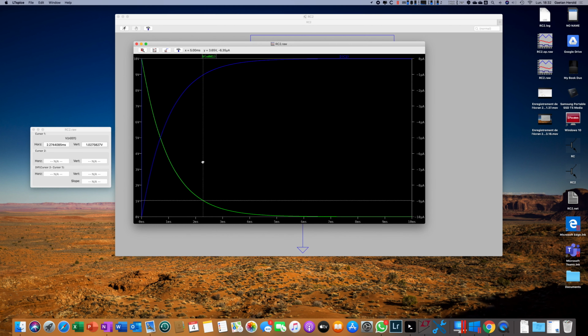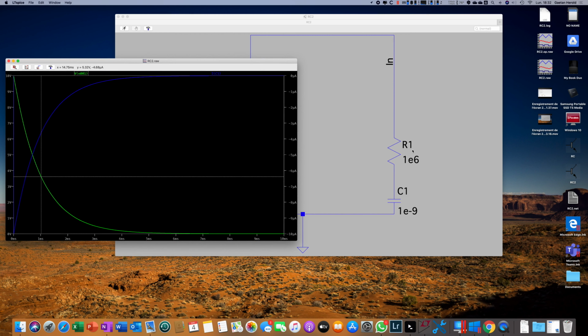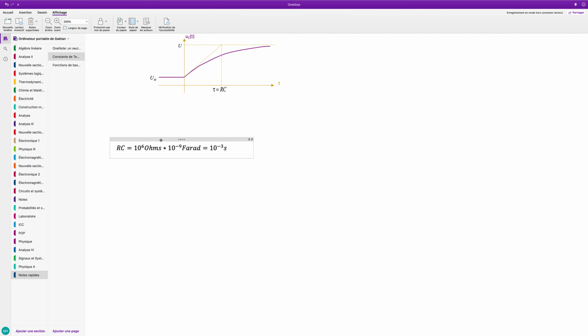If we measure this with a cursor, when we are at 3.7 volts, we are at about 1 millisecond, and this corresponds well to the equations since we had a resistance of 1 megaohm and a capacitance of 1 multiplied by 10 to the power minus 9 farad. So, if we multiply both to find tau, which is equal to RC, we find 10 to the power minus 3 seconds.